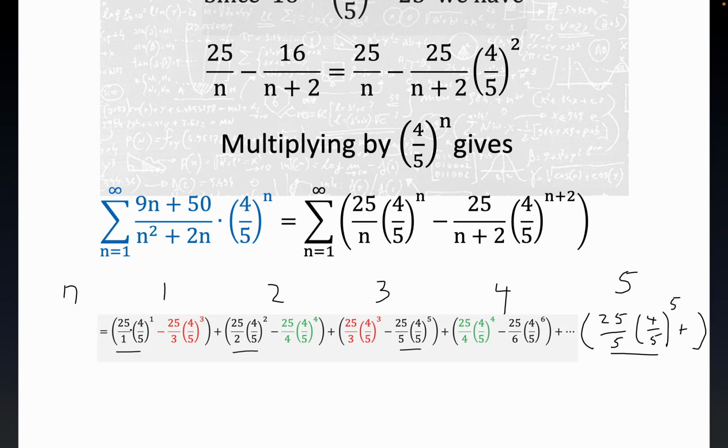So what do you get right here? 25 over 5 is 5, times 4 is 20. I'm just summing up. Now what about right here? You have 25 over 5 squared, which is just 1, and then you have 16 over 2, which is 8.